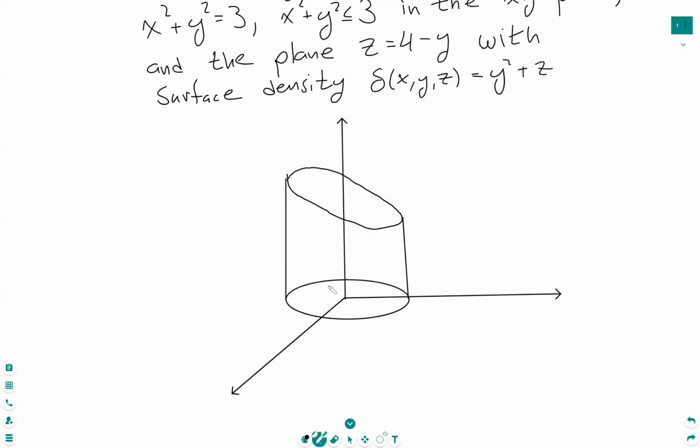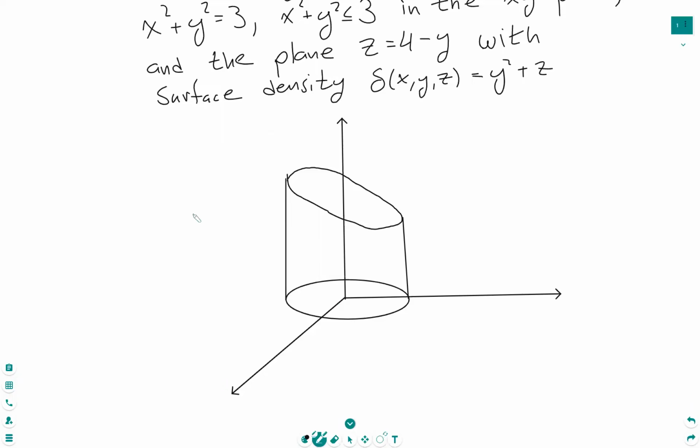There are 3 sides to this object that create this surface, and I can't describe all of them with a single expression. So I have to do 3 different surface area integrals to calculate the full mass.